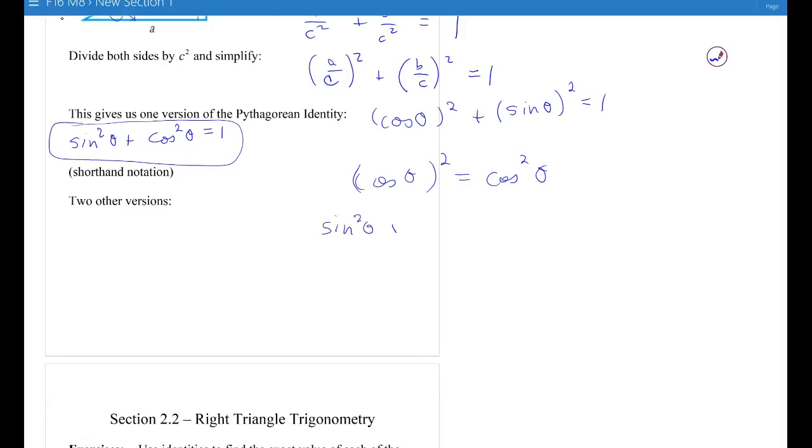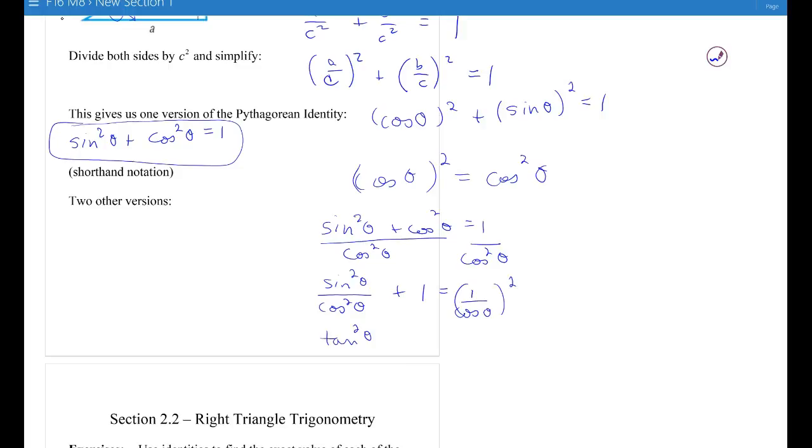If I have sine squared theta plus cosine squared theta equals 1, and I divide both sides by cosine squared theta, I'm going to get another familiar version of the Pythagorean identity. That's just a rearrangement. So sine squared over cosine squared is tangent squared, plus 1 equals secant squared of theta.